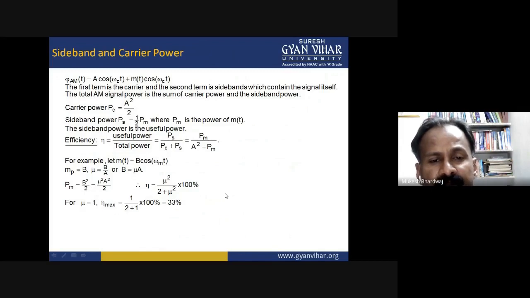Now eta, that is efficiency, is useful power upon total power. So mu squared upon 2 plus mu squared, into 100, comes out to be 33% for mu equals 1.